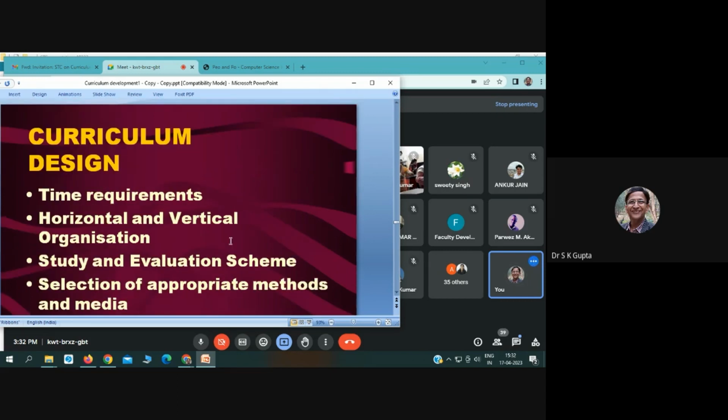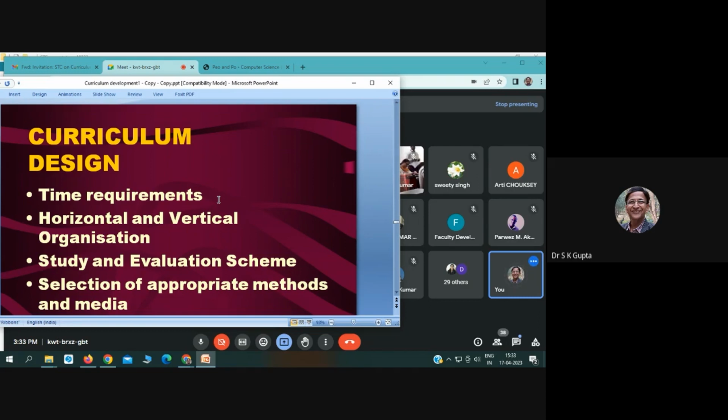So after the information has been collected from various stakeholders that this will be the knowledge part, this will be the skill part, then we decide as per the time requirements, as well as the level of the program. As per AICTE, there should be 40 hours per week in a semester, and in a semester there should be 15 weeks.